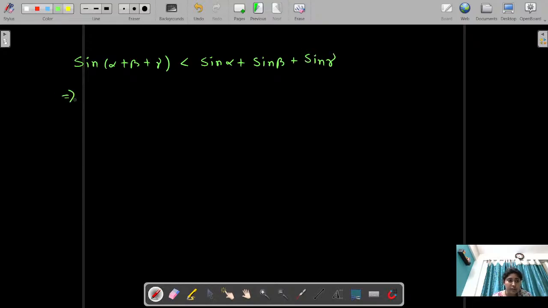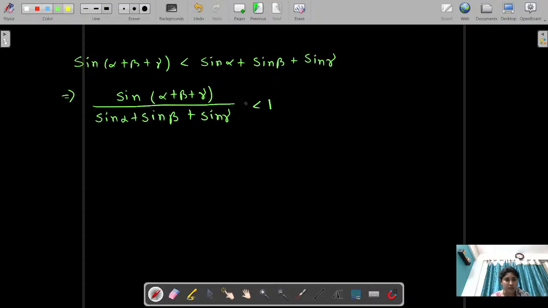In the next step I can write sine of alpha plus beta plus gamma divided by sine alpha plus sine beta plus sine gamma is less than 1. So this has been proved, and it is done.